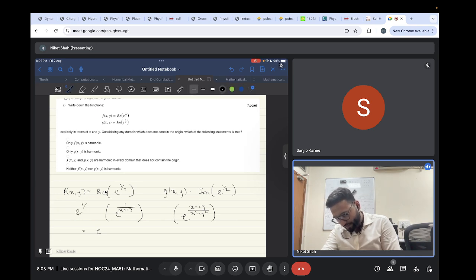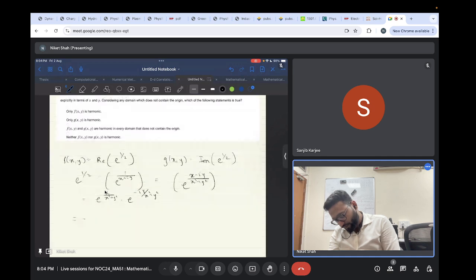e raised to power 1 by z is equal to this. So e raised to power x divided by x square plus y square, multiplied by e raised to power minus i y divided by x square plus y square, is equal to e raised to power x divided by x square plus y square.